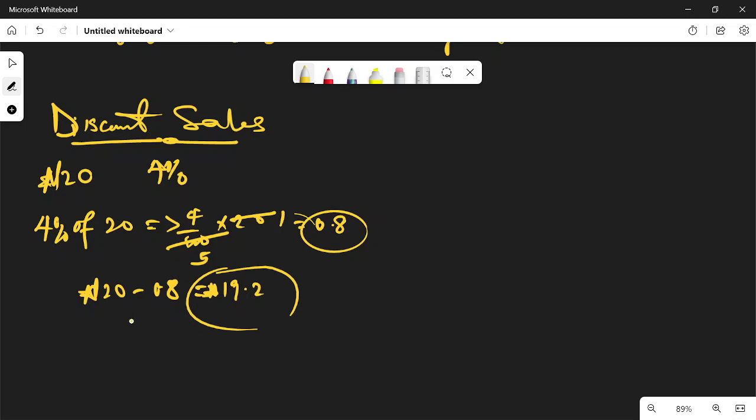So for an article that is to be sold for X naira, and you give somebody a discount of Y%, the selling price is going to be X minus Y% of X. So this is how to calculate discount. Let's take an example on that so that you get to see.